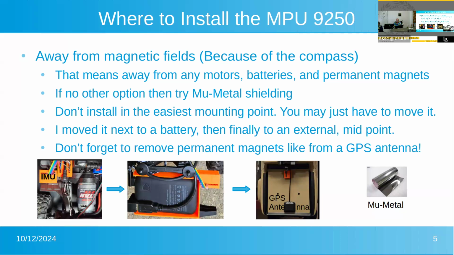If you have no choice, you need multiple batteries and multiple motors, and there is no place you can get far enough away, then you might consider metal shielding, which is a picture of it over in the corner here. It looks like this. You can buy it. I have not tried this.